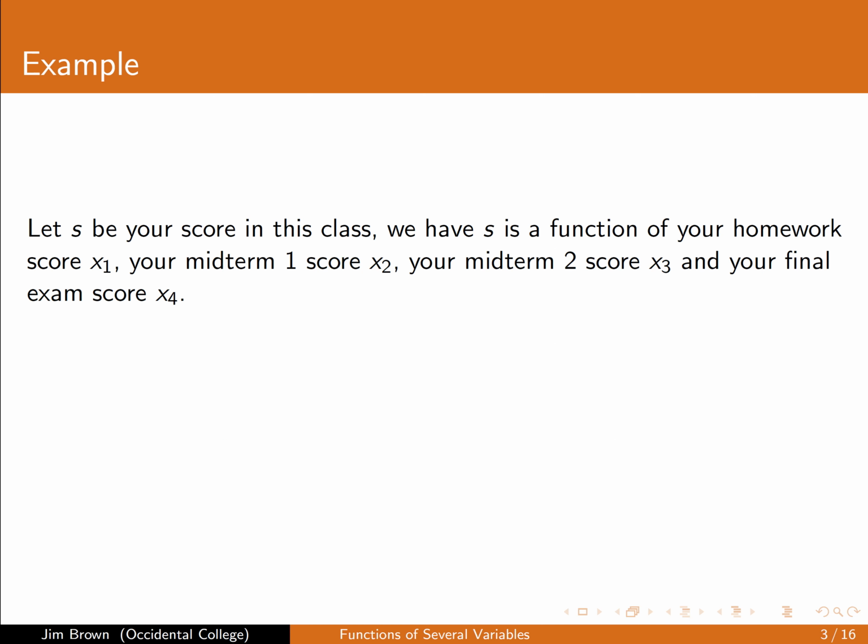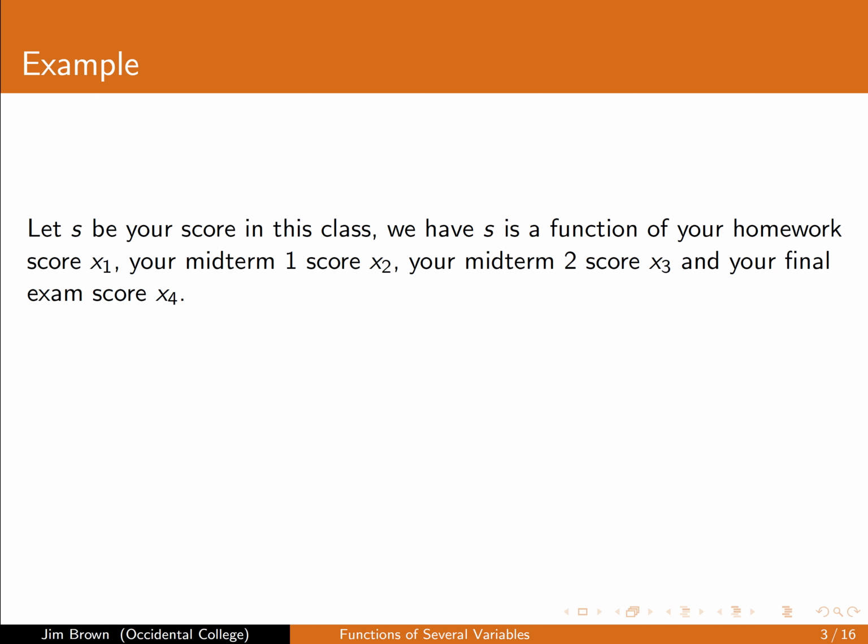So let's let S be the score, your score in this class. So we know that's a function of four different things. It's a function of your homework score, which we'll denote as x1, your midterm 1 score, which we'll denote as x2, and your midterm 2 score denoted x3, and then your final exam score, which we'll denote as x4.